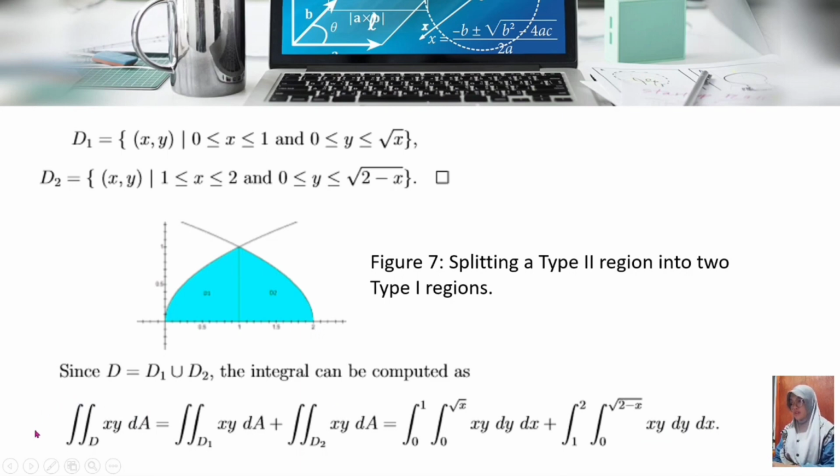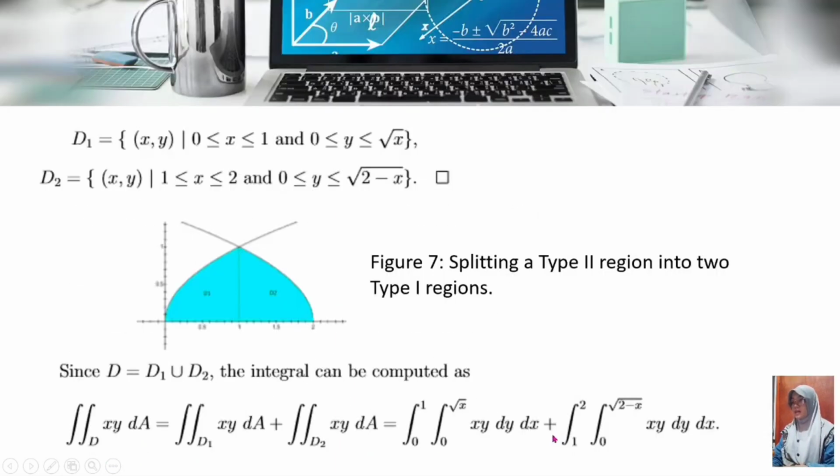So we will just add the integration over D sub 1 and the integration over D sub 2, and that will be equal to the double integration over the D region.